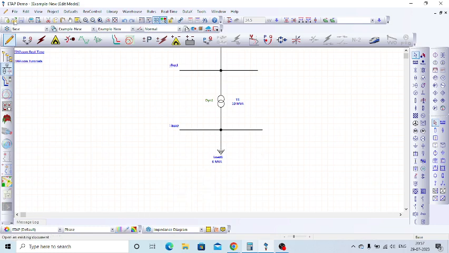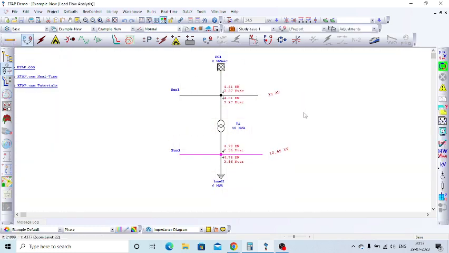Okay, so normally, in order to improve the voltage, the first option is to use the OLTC, that is the tap changer available in the transformer, so that we can maintain the voltage at 11 kV.